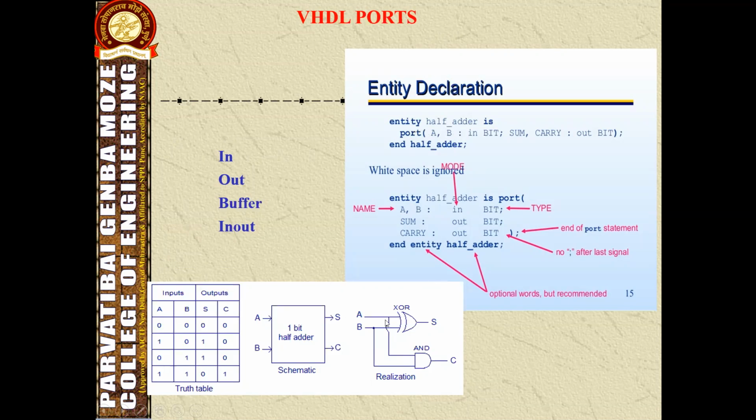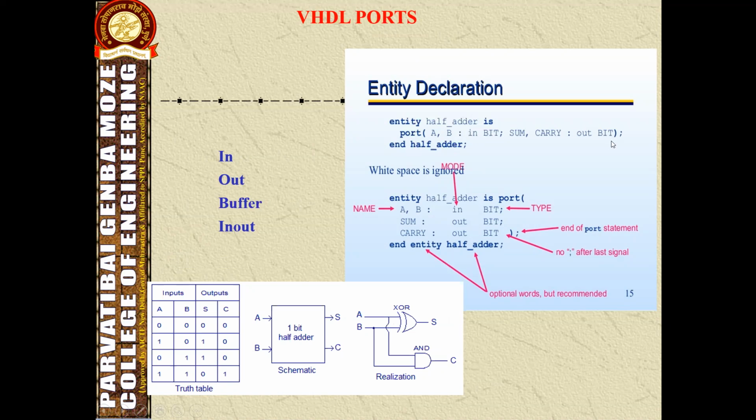So entity half adder is, then we should start with port. What are the input output terminals we are using? A and B are in, bit type input terminals, and sum and carry are output bit type signals we are getting at these two terminals.